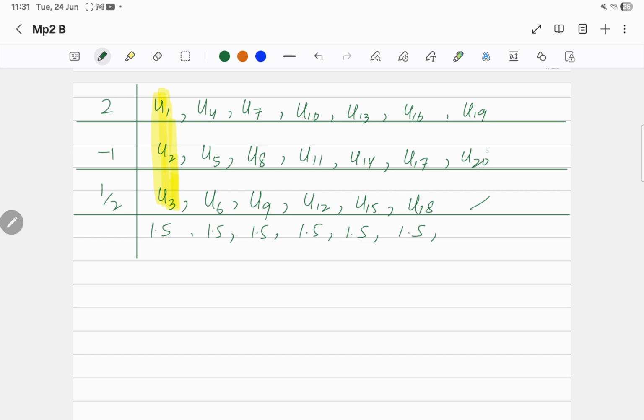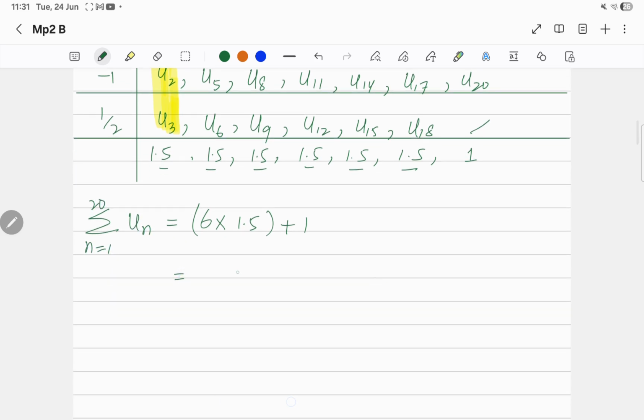But over here we have only 2 terms, u19 is 2 and u20 is minus 1, so 2 minus 1 is 1. So you have 6 groups, so 6 times 1.5 plus 1 will be the sum of un from n equals 1 to 20. If you do 6 times 1.5 plus 1, it will be 10. So that is the sum of the first 20 terms.